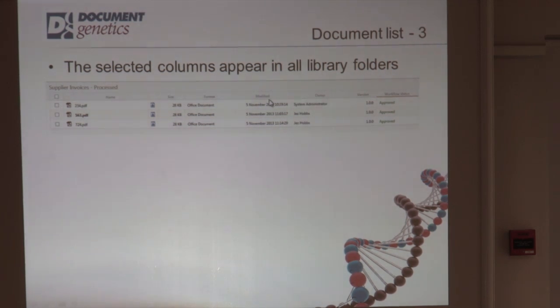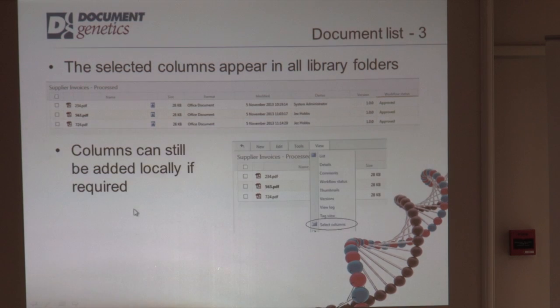If you click on modified, obviously you can bring today's date or the latest documents to the front within there. And as I said, this sets the default, but it doesn't take away the actual option within each folder to select the columns you want for that folder.